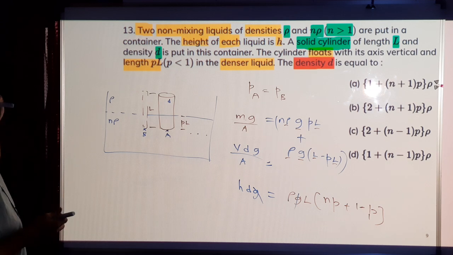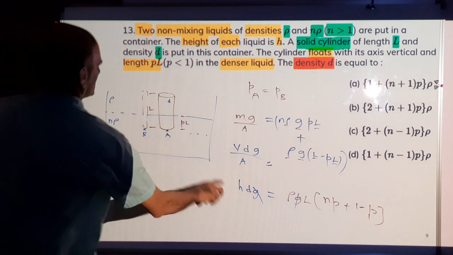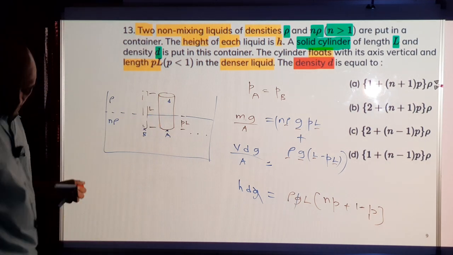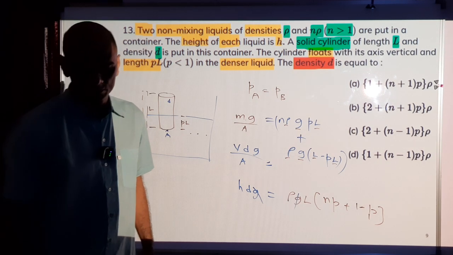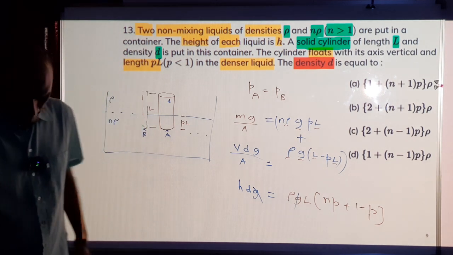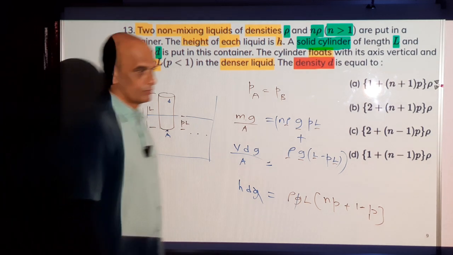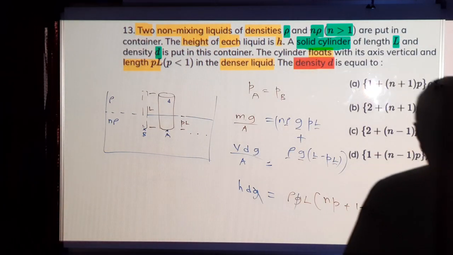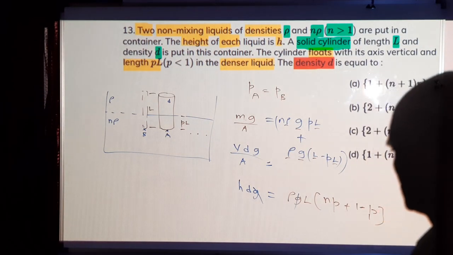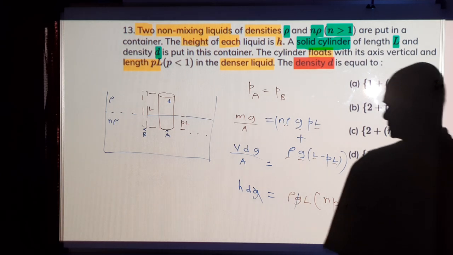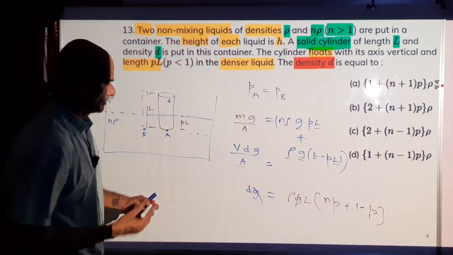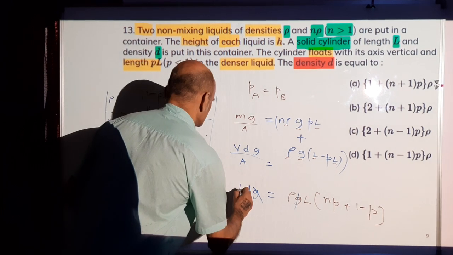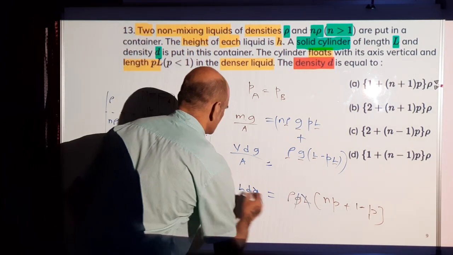So density D, and H is nothing but L, the height of the cylinder. So L will cancel.